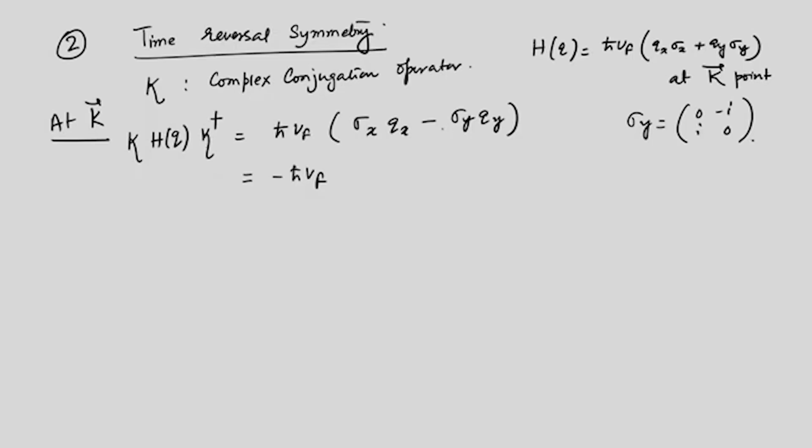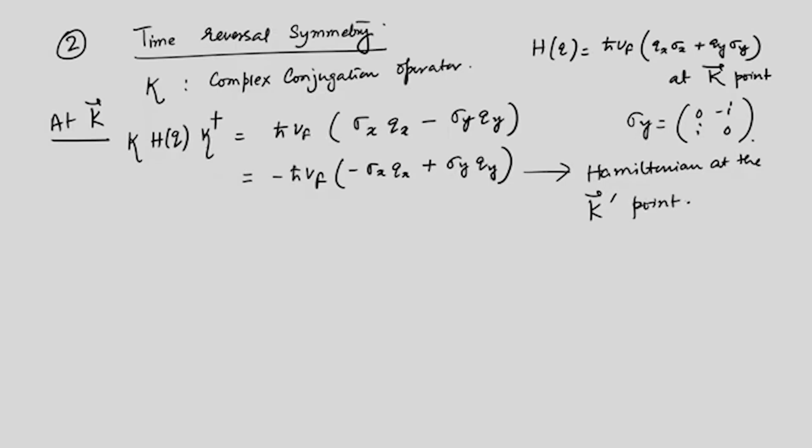So, that is why it changes sign. When you do a complex conjugation, it changes sign. So, this is equal to a minus sigma x q x plus sigma y q y, and that is nothing but the Hamiltonian at the K prime point.